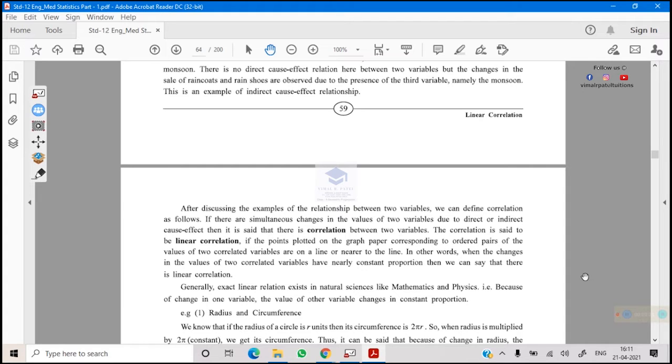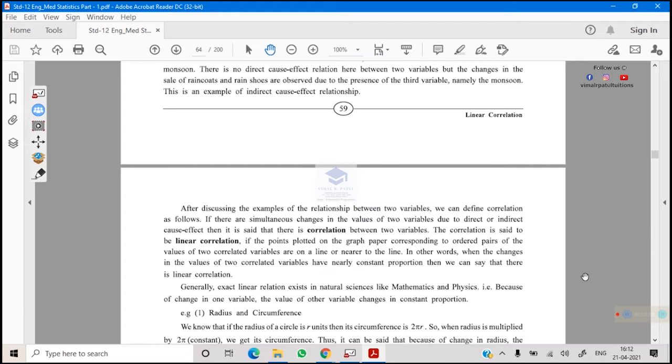Now, linear correlation. The correlation is said to be linear if the points plotted on graph paper corresponding to the ordered pairs of two variables are on a line or nearer to a line. Or you can say, if the relationship between two variables can be established through linearity by plotting their values on a graph paper, it is called linear correlation.